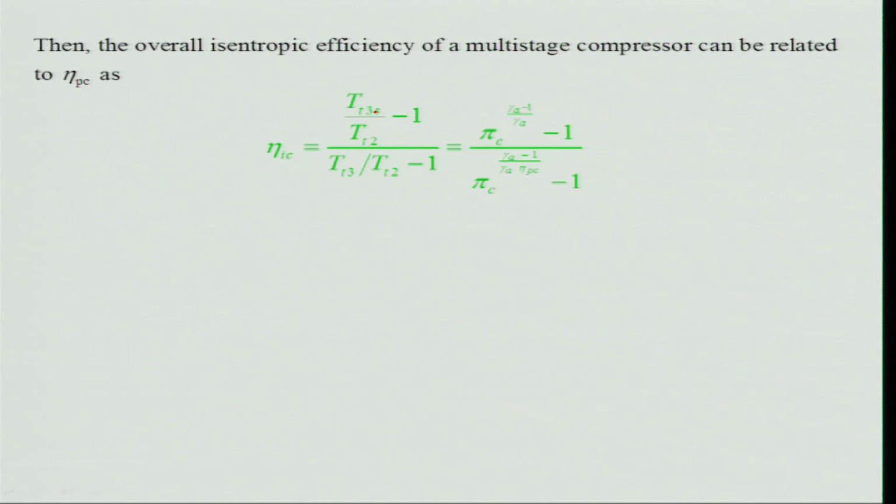Whereas T_t3 by T_t2 is similar, but with the polytropic efficiency, minus 1. So now I can relate this isentropic efficiency to the polytropic efficiency for a certain range of pressure ratio.